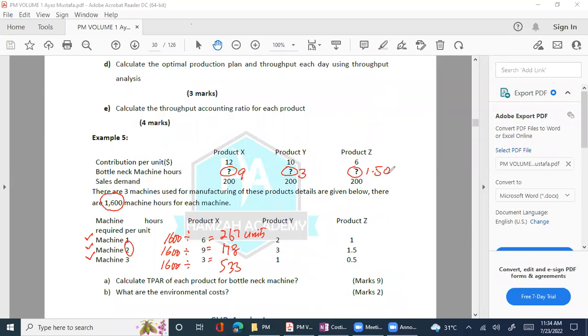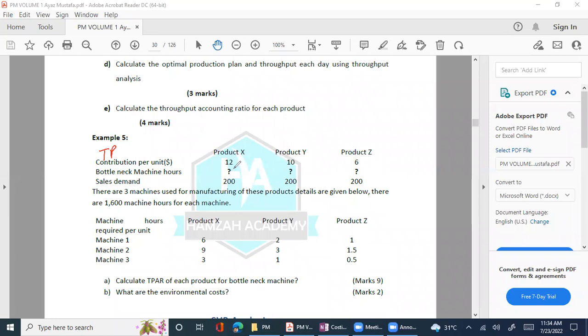The next part is the throughput accounting ratio. And you know that for calculation of the throughput accounting ratio, you must have the throughput per unit or per hour. Contribution is another name used for throughput. So this is basically the throughput per minute, and it is given.